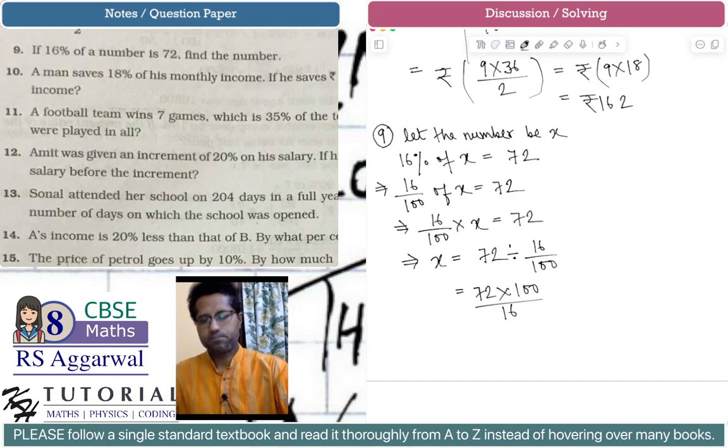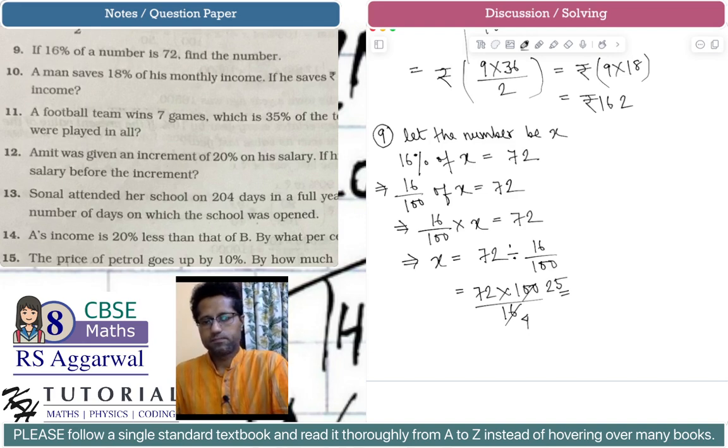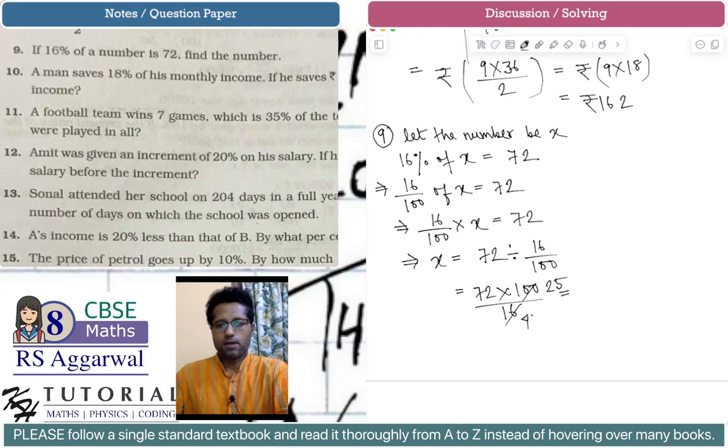and this is equal to, 4 cancels 16 with 4, cancels 100 with 25, and 4 cancels 72 with 18.